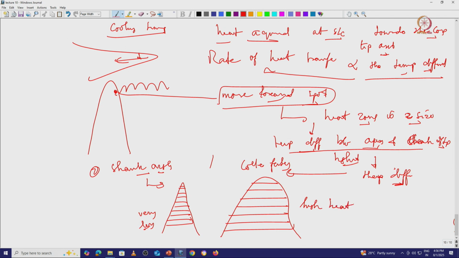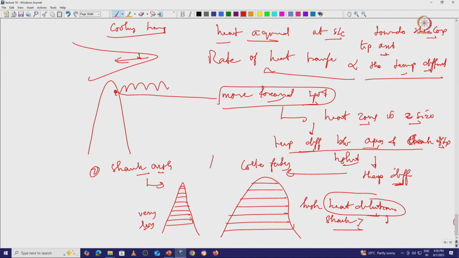So for atom probe tips with a larger shank angle, the heat dissipation will be much higher, because the heat dilution is much higher. It means that the cooling will be much faster.